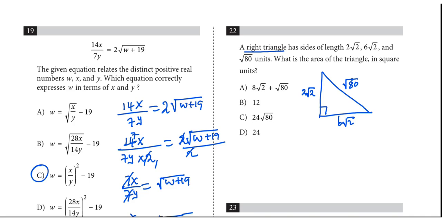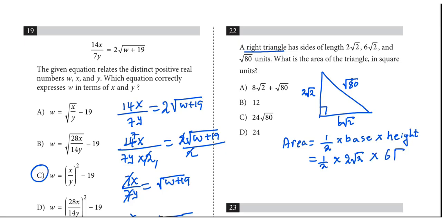So now the area of a triangle is equal to half times the base times the height. So this will be equal to 1/2 times 2√2 times 6√2.